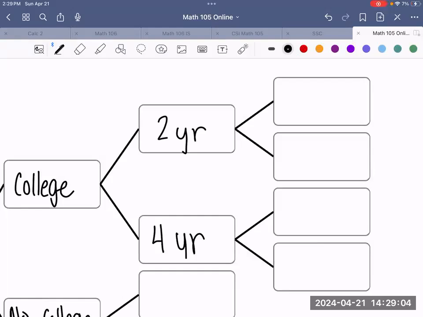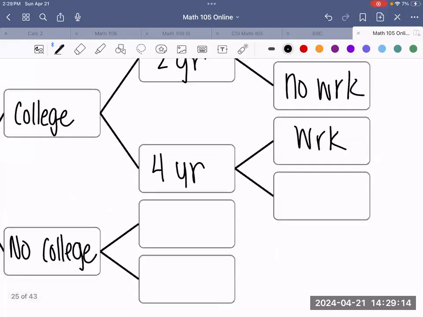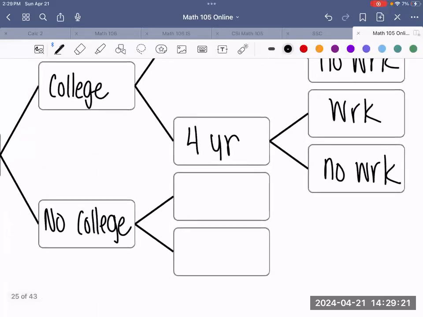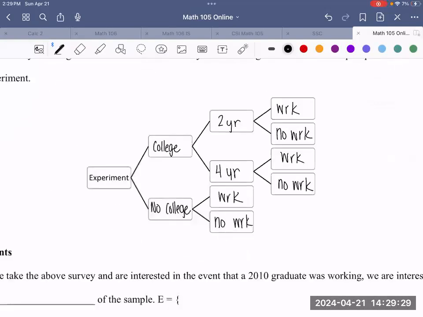Now everybody was asked if they were working or not working. And regardless if they went to college or not, they were still asked if they went straight into work or did not work.